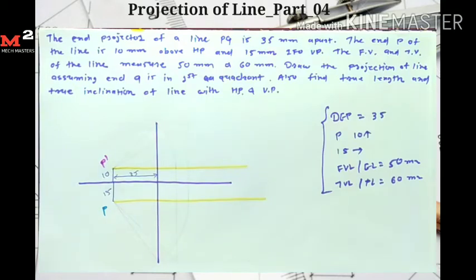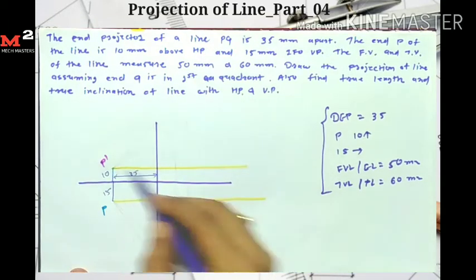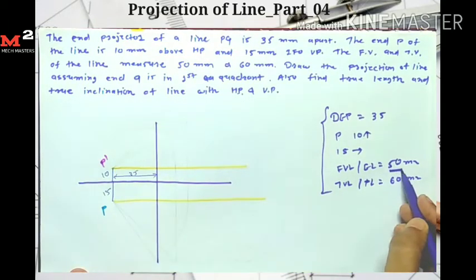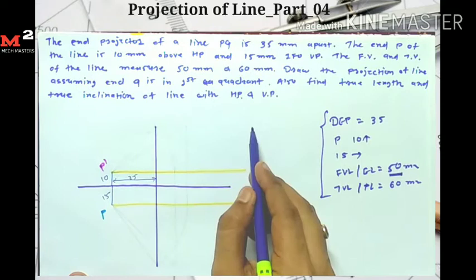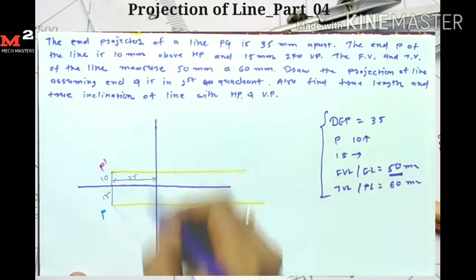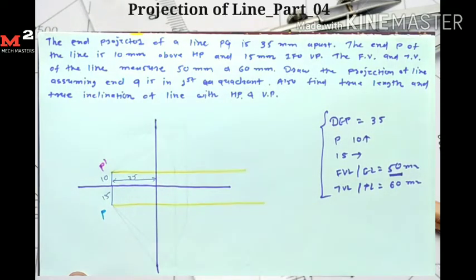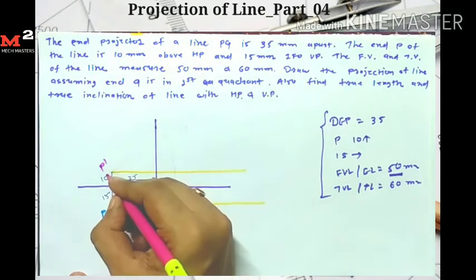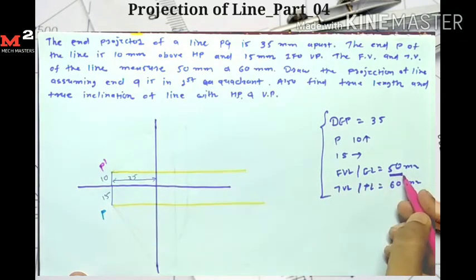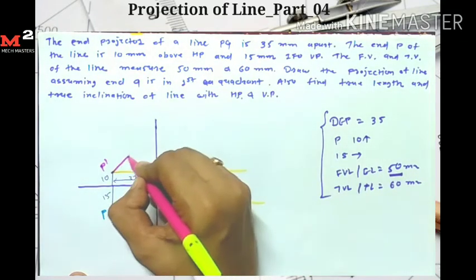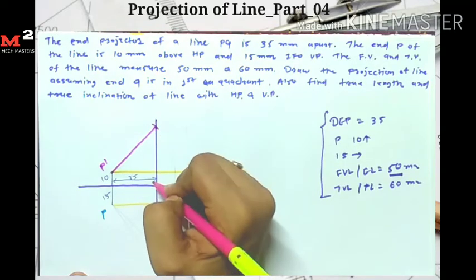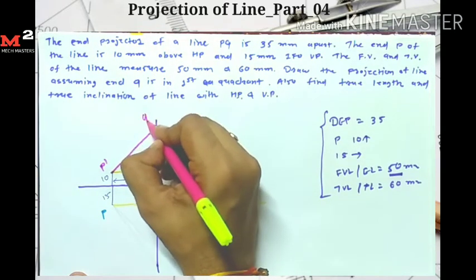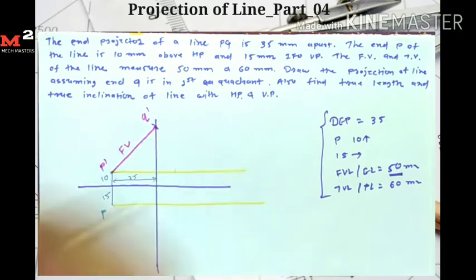For finding the point Q dash I have two conditions: its distance from point P dash is equal to the front view length 50 mm, and the point lies on this vertical line. So I take P dash as a center and 50 mm as a radius, and draw one arc which intersects this vertical line here. Here I get my point Q dash. This is my final front view.